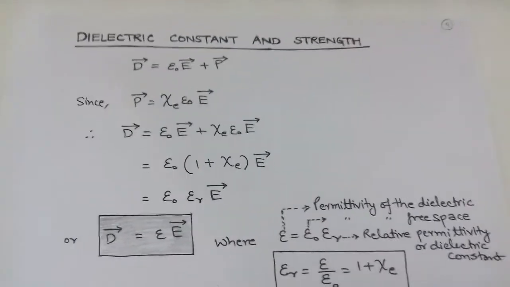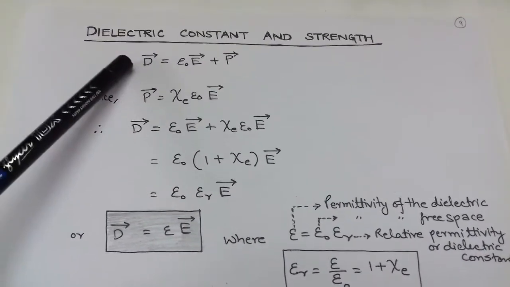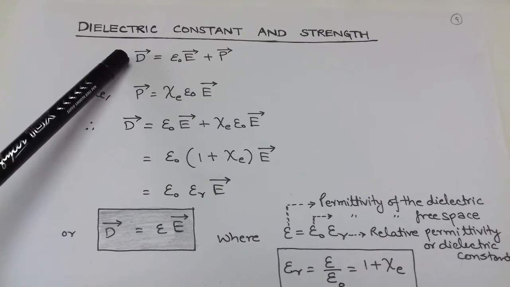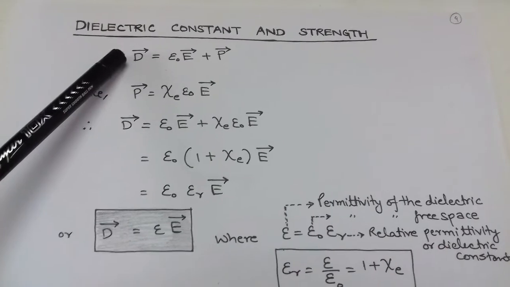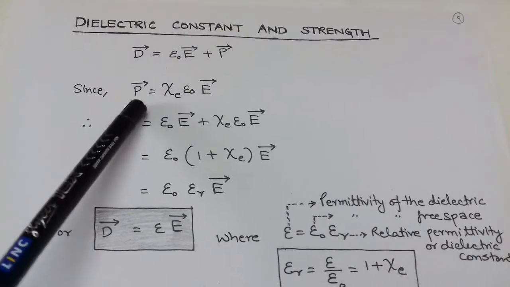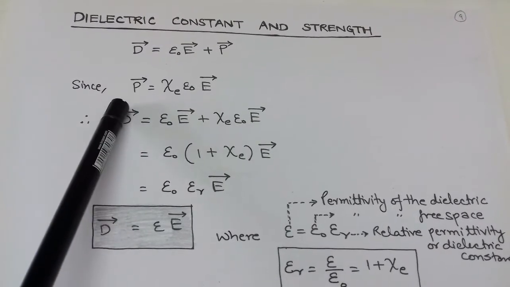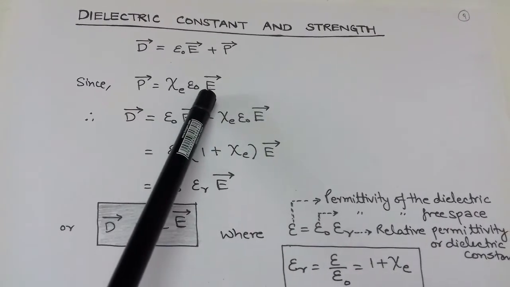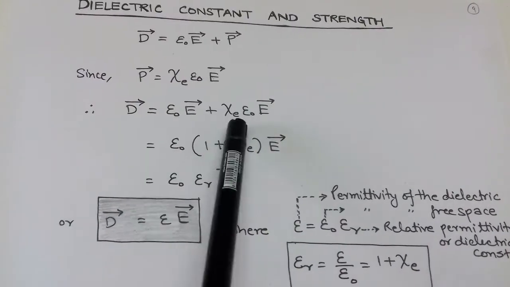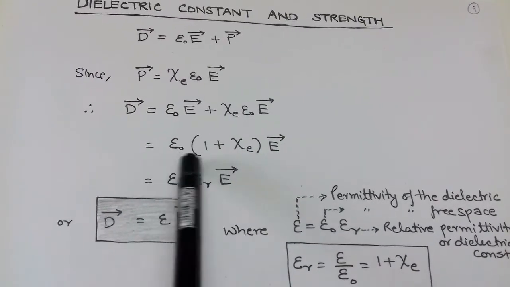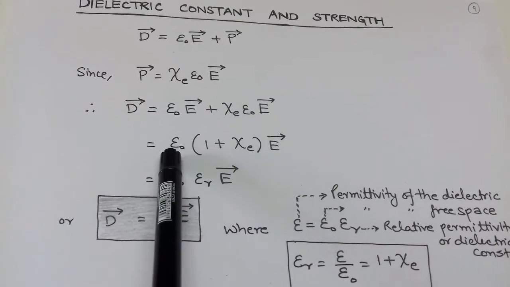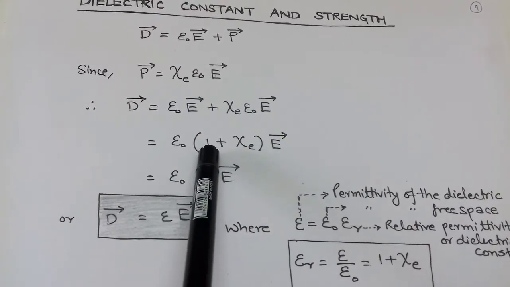Next is dielectric constant and strength. We know that the electric flux density D in the case of a dielectric is given by D equals epsilon naught E plus P vector. Now in terms of electric susceptibility, the polarization is equal to psi E epsilon naught E. So we put it in the above equation and get this form, and here we take common terms.